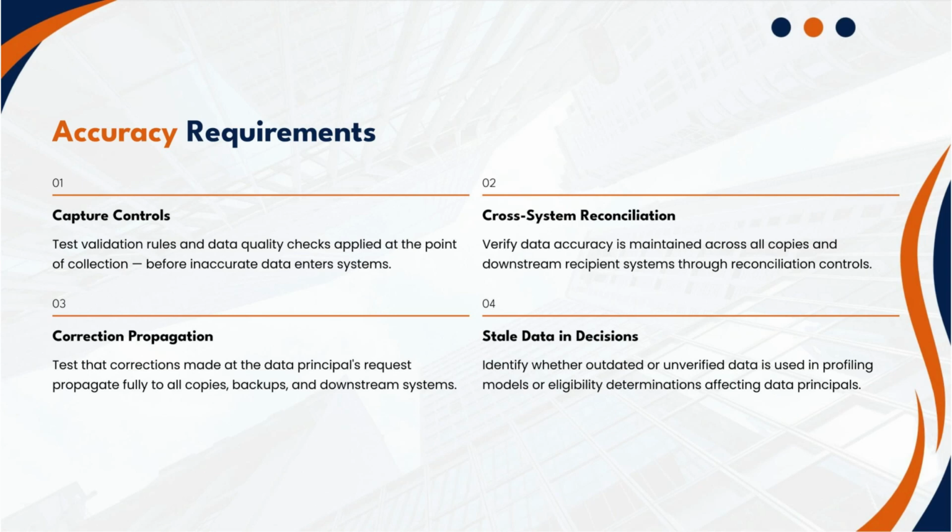So let us talk about accuracy, and I think this is the most underrated obligation in the Act. Everyone focuses on security and consent. Almost nobody audits whether the data is actually correct. But think about what inaccurate data does. It is not an abstract problem. Let me tell you about a case that stayed with me.